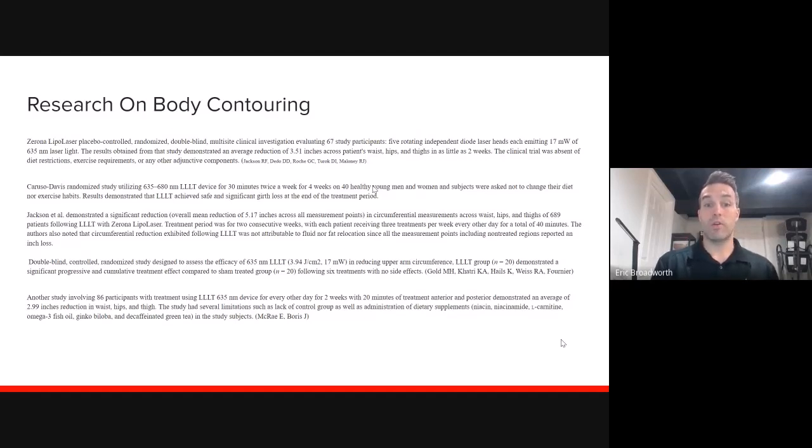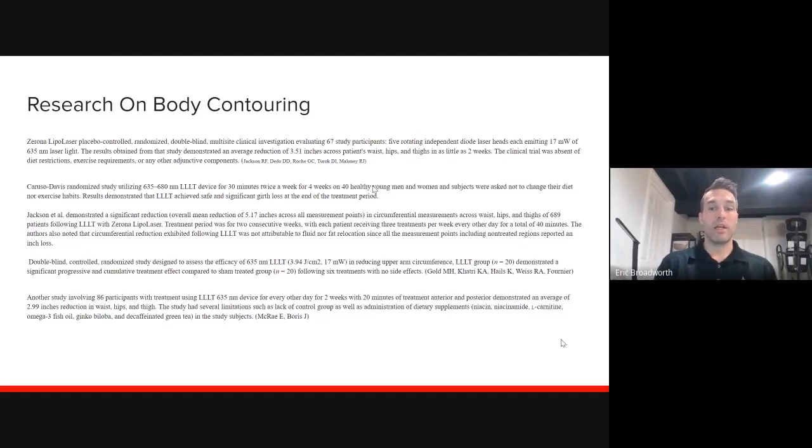The treatment period was 2 consecutive weeks. They did 3 treatments per week, every other day, for a total of 40 minutes. The authors also noted that the circumferential reduction exhibited following low-level laser therapy was not attributable to fluid or fat relocation, since all measurement points, including non-treated regions, reported an inch loss.